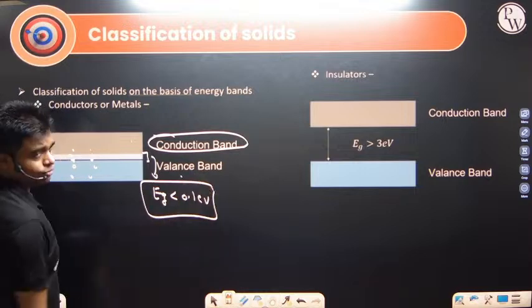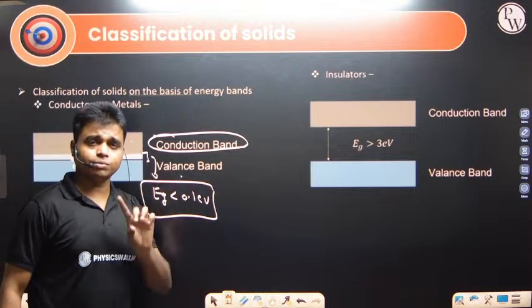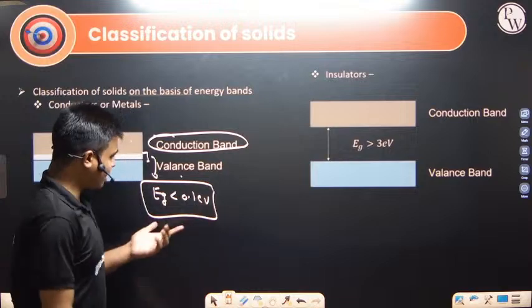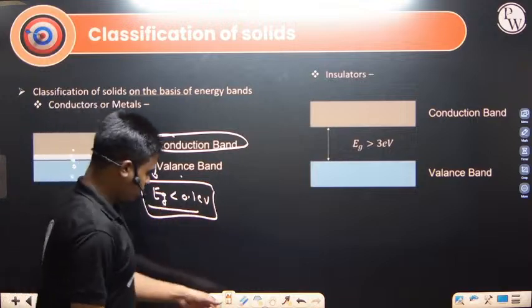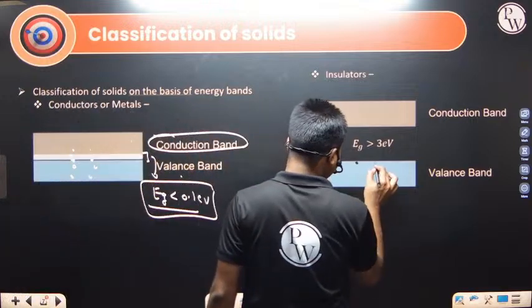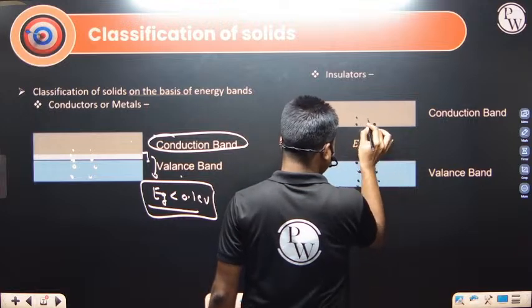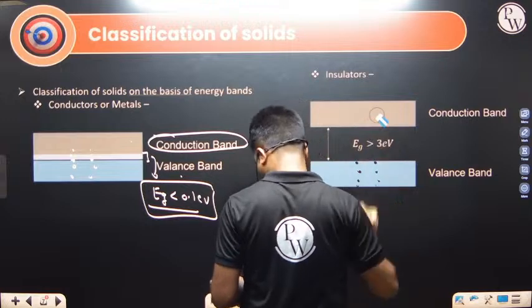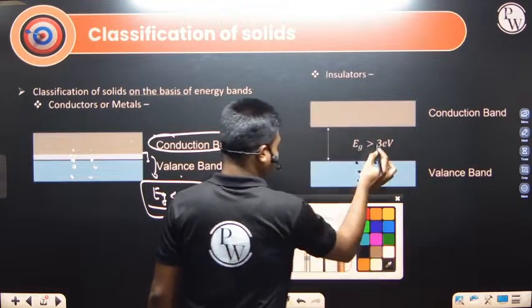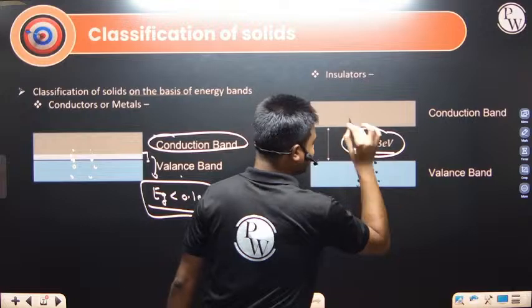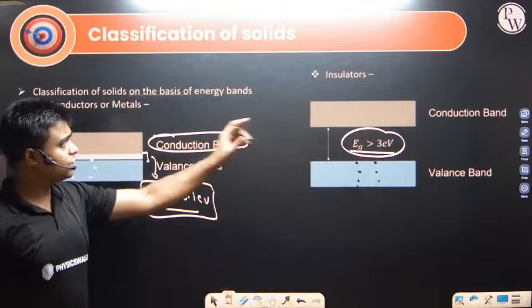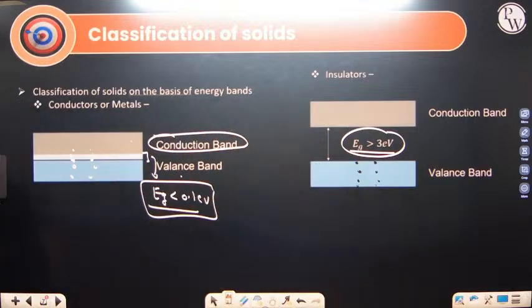This kind of solid we call metals, because the band energy gap value is less. On the other hand, in an insulator, the valence band and conduction band have a huge difference of energy. The band energy gap is more than 3 electron volts, and this is categorized under the insulators.